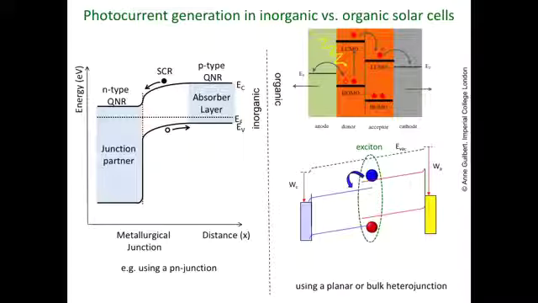So in inorganics, you have this significant band bending to drive and separate electron hole pairs, whereas in organics, your band alignment is such that you have hole selective layers and electron selective layers to separate those pairs, and then your external contacts.